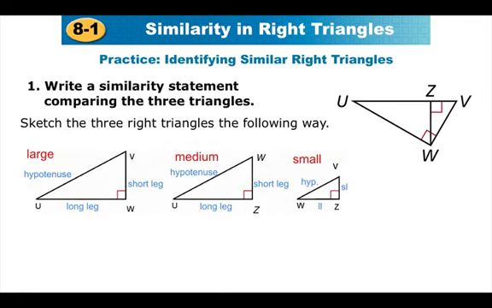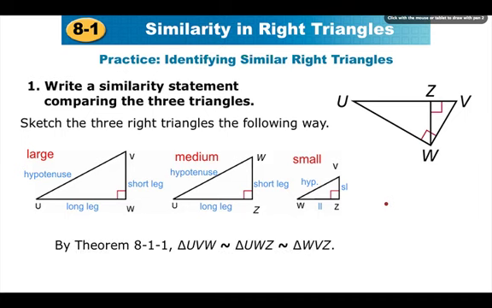Notice that the corresponding sides match. Hypotenuse, hypotenuse, hypotenuse. Short leg, short leg, short leg. Long leg, long leg, long leg. Once you sketch the three triangles this way, it becomes a very easy problem, and this is the similarity statement that they're asking for.